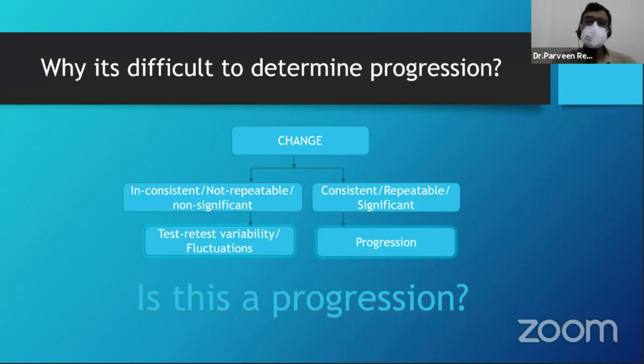If these changes are consistent, repeatable, and significant, we label them as progression. So the challenge in our clinical practice is to differentiate this test-retest variability or fluctuation from progression. Whether the change we see in our patients' visual fields constitutes progression, we are going to discuss in further slides.